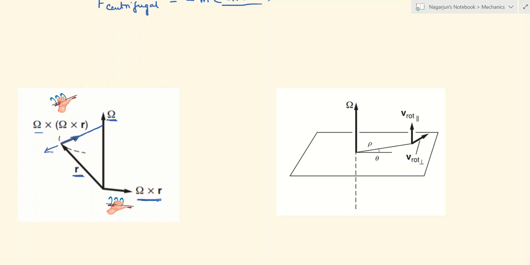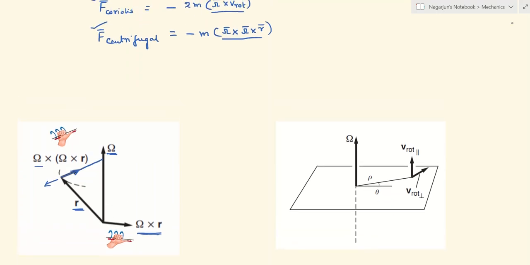Why should we consider the opposite sign? As you can see in this formula, centrifugal force is equal to minus omega bar cross r bar. So this is omega bar cross r bar, and opposite to that, minus omega bar cross r bar, is the direction of the centrifugal force.